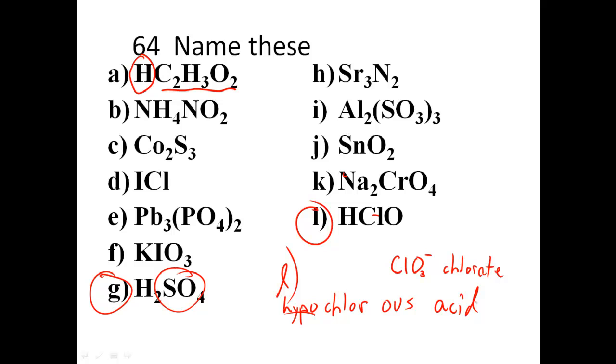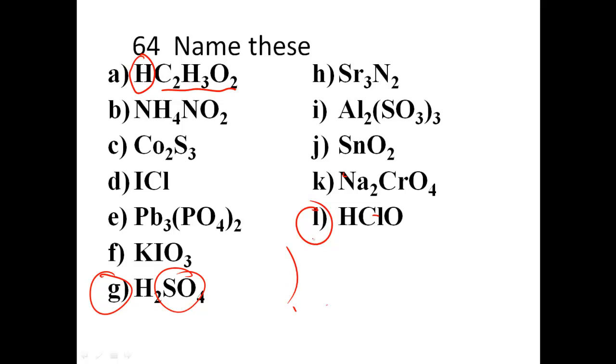Now, are there any of the others here that might give you a challenge as you're learning or remembering how to name compounds? I often see students struggling with B because B starts with a nonmetal. And so they're trying to name it with prefixes or something.